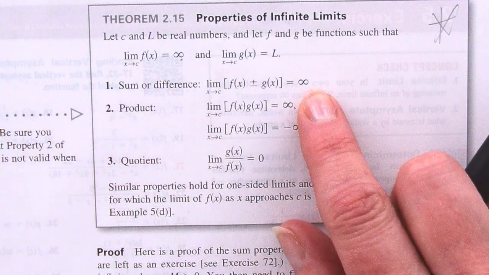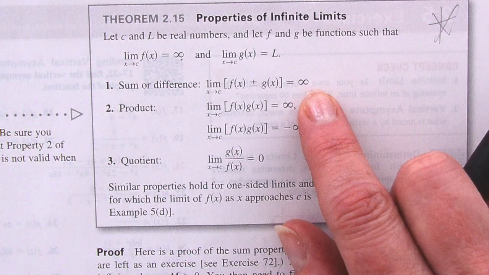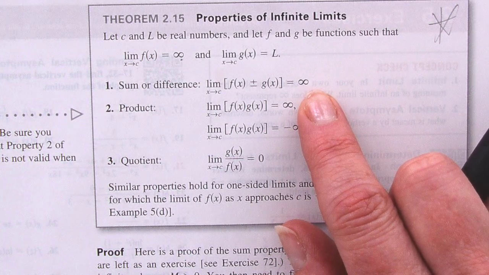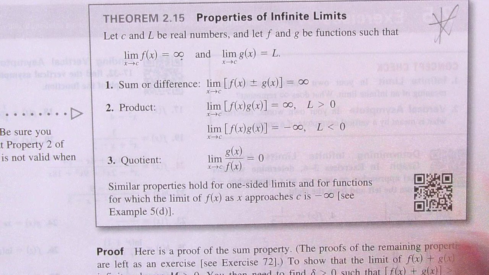Because something really, really big plus a constant is still something really, really big, or something really, really small plus or minus a constant is still something really, really small.